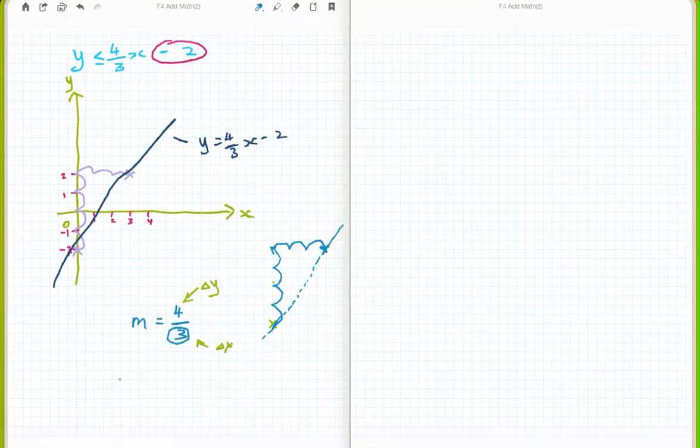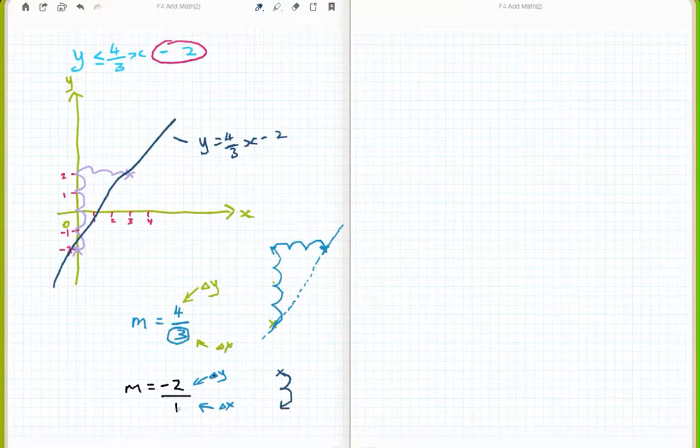Now let me give you another example. How about now I have m equals -2. So how am I going to sketch it if it's -2? Don't forget, there's always a number underneath it, which is 1. So therefore, your change of y is -2, and your change of x is 1. So if you know your y-intercept is at 1 point already, then -2 will be going down by 2, 1, 2, instead of going up.